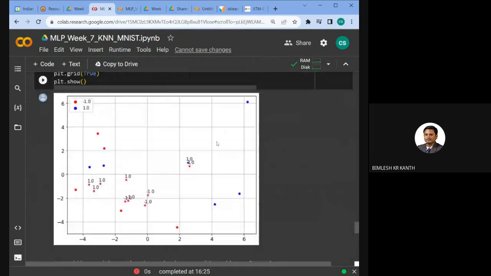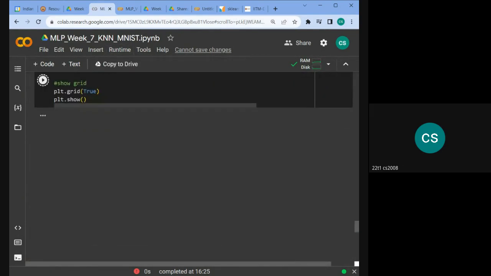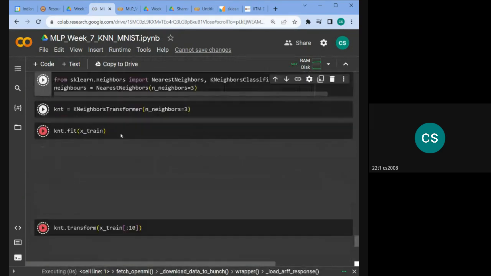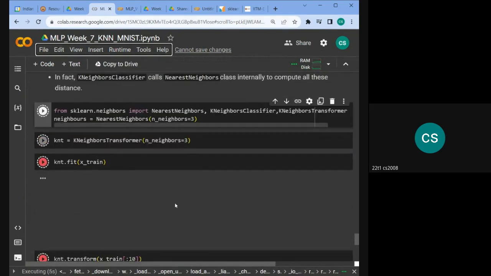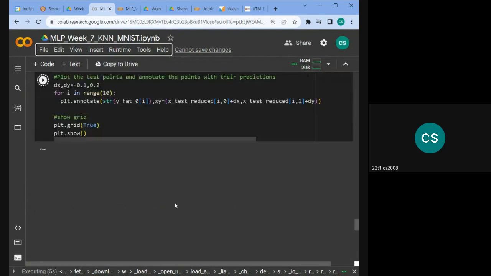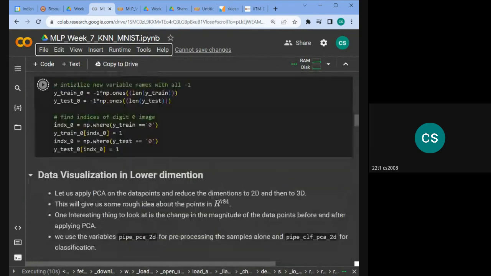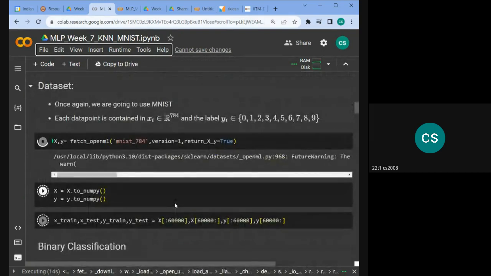Just do run all. It is fetching multiple times.